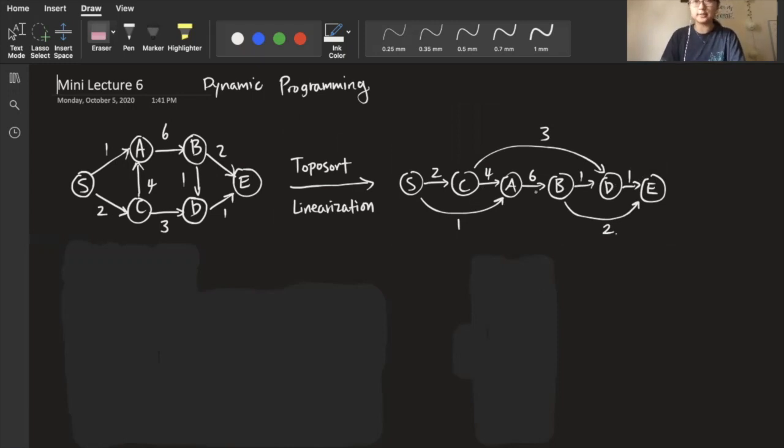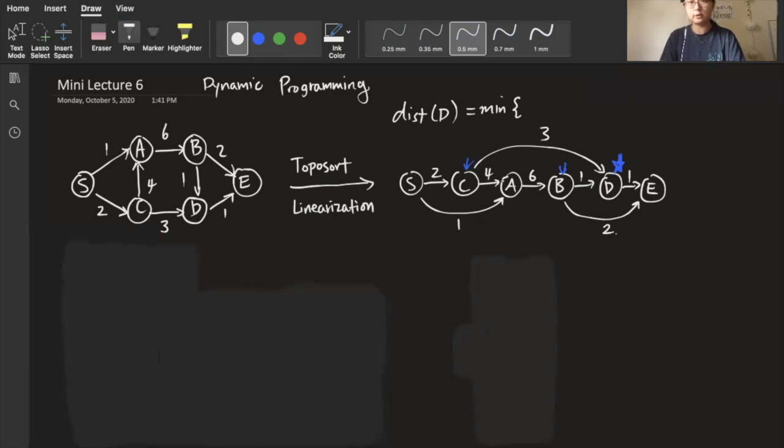And this is very nice because suppose I take some node D, I'll put a star at D. If I want to find the shortest path to D, well, I better get to B or C first, right? Because these are the only two ways of getting to D. So then I can write down the following: the distance to D from S, our source, is equal to the minimum of two things.